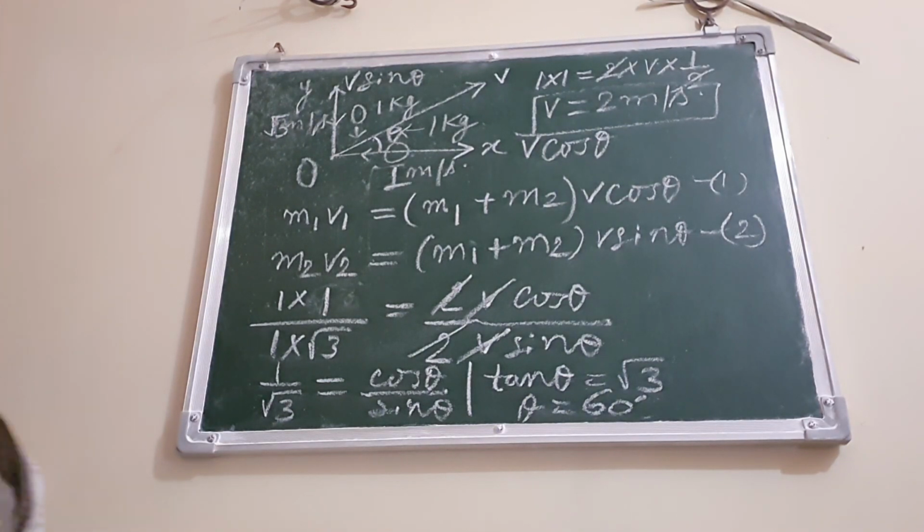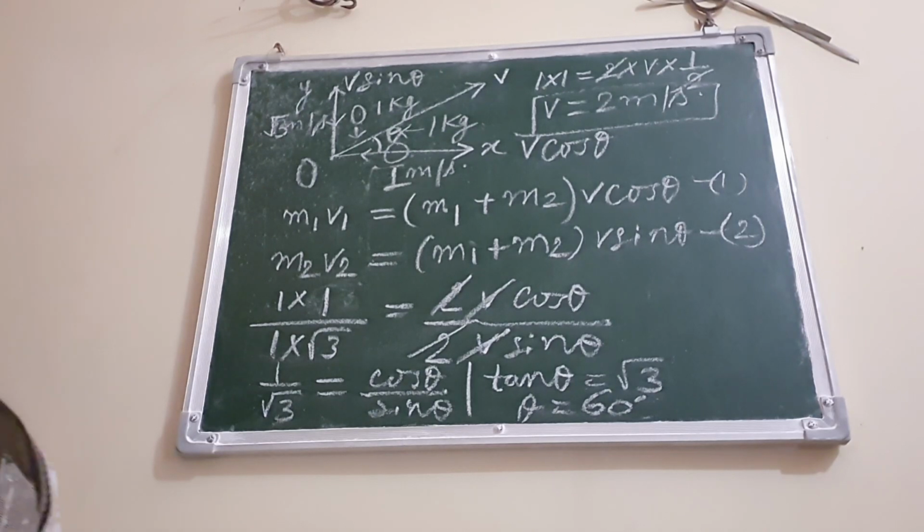We are going to understand this question once more. Here there is a two-dimensional collision taking place in the x and y plane. The first body, of mass m1, has an initial velocity v1 moving in the x direction, and another body comes from the y direction towards the origin.